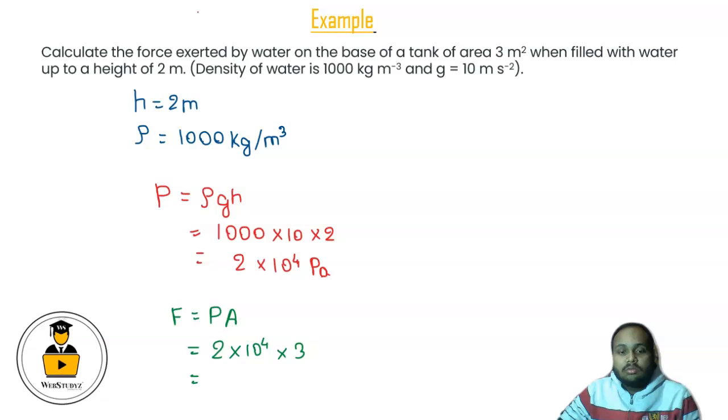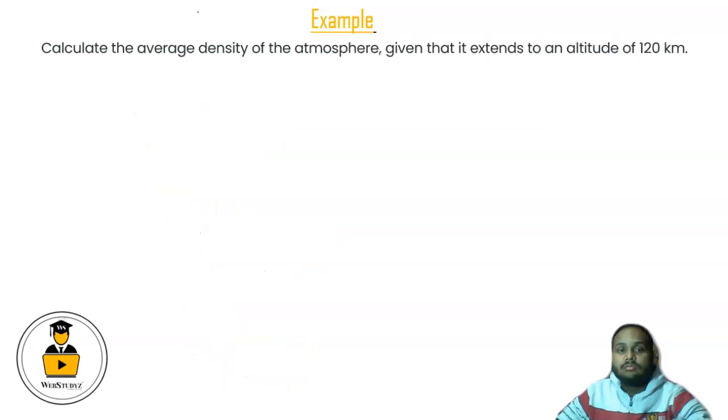So calculating this, we get 6 into 10 to the power 4 Pascal. But here we have force, so we cannot write Pascal. The unit of force is Newton. So 6 into 10 to the power 4 Newton we will have. Fine. Now let us solve one more question.